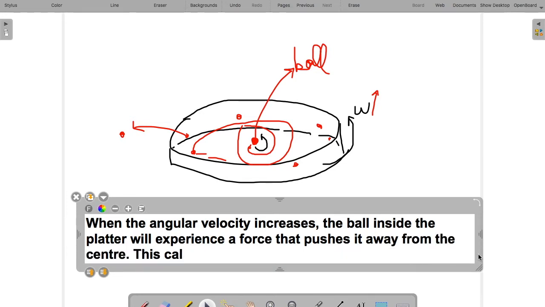This is called the centrifugal force. Okay? So the centrifugal force results from the angular velocity. The more the angular velocity is high, the more the centrifugal force is high.